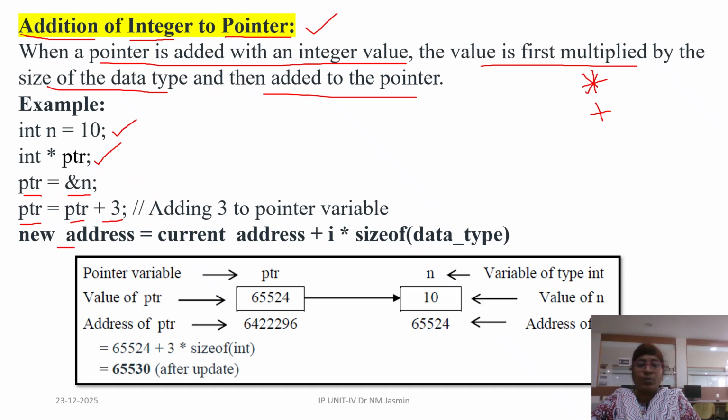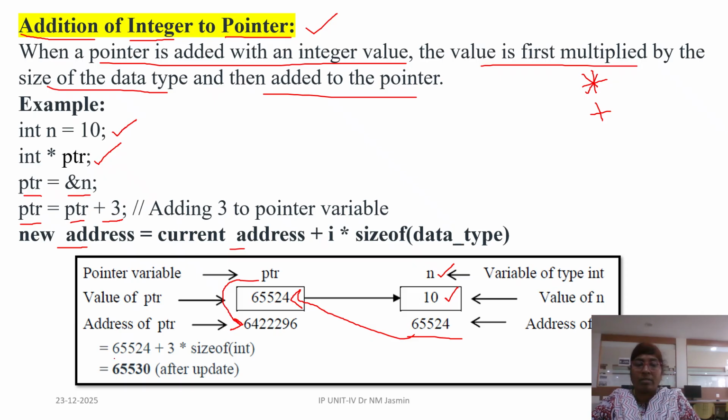To calculate the new address, take the current address plus i into size of data type. Here n is a variable, n is equal to 10 according to the given example, and the compiler allotted this address to this variable, and this address is held by the special variable called pointer, and the compiler also provides some address to this special variable.